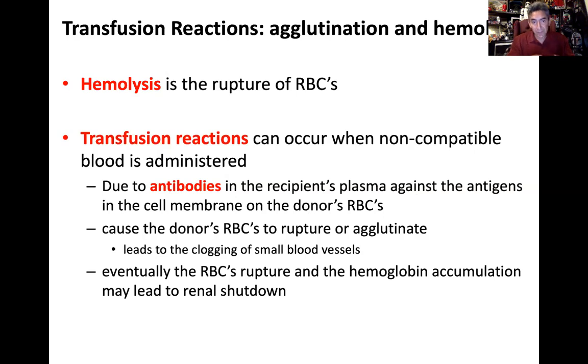So if we have hemolysis, the red blood cells rupture or clot, and it leads to clogging of the small blood vessels, and the hemoglobin can again shut down the kidneys. So again, we have to be very careful in this cross-matching and transfusing process.